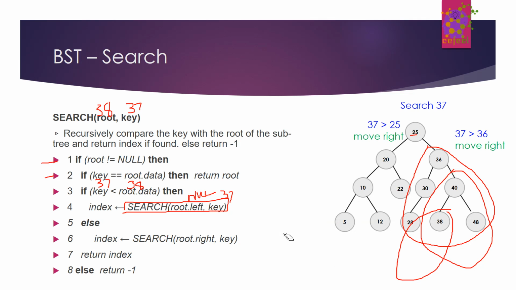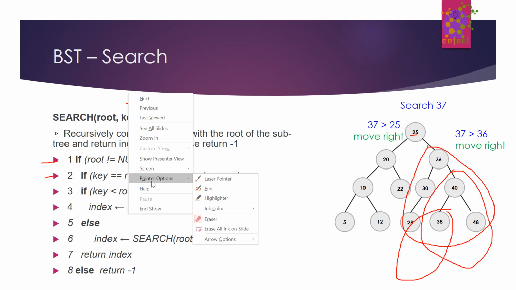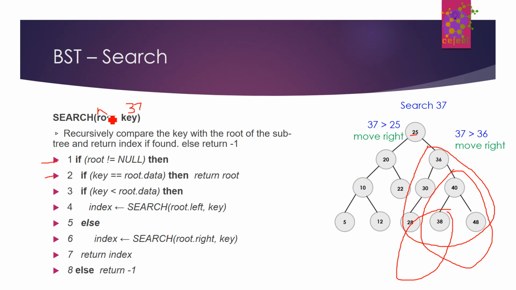Let's see what happens with the recursive call now. Let me rub this. So in this recursive call, root will be null. I'll just write n. So since root is null, this check will fail.